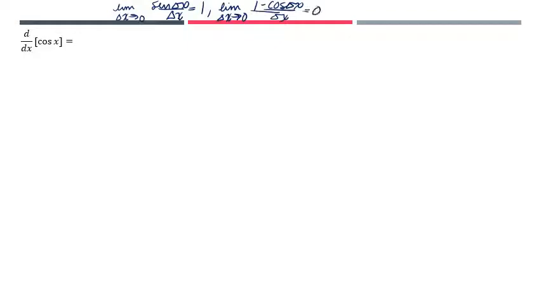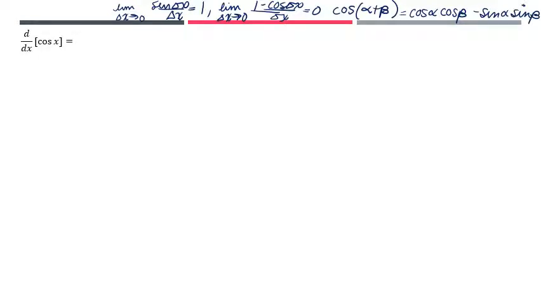And also another angle sum formula, but this time for cosine. The cosine of two angles added together is the cosine of the first times the cosine of the second, minus sine of the first times sine of the second.